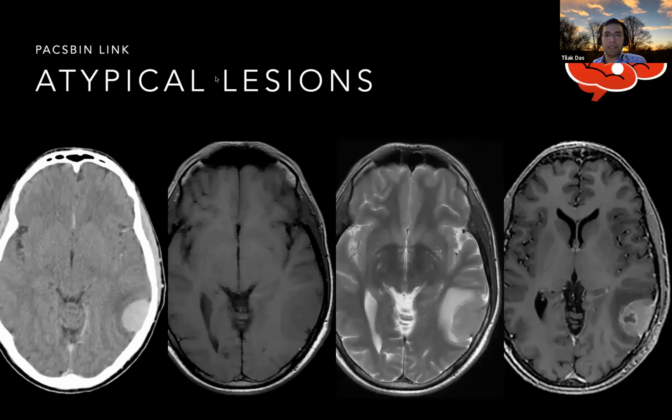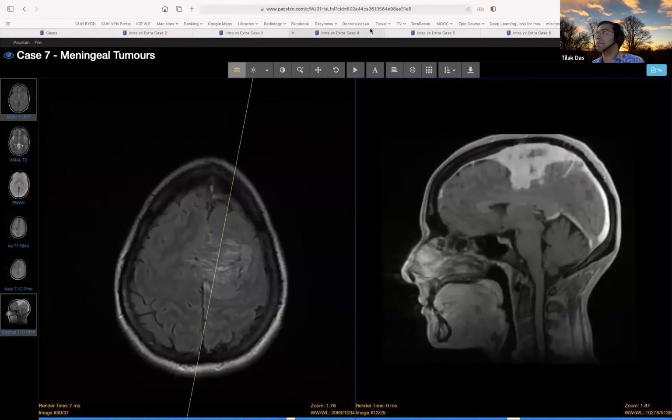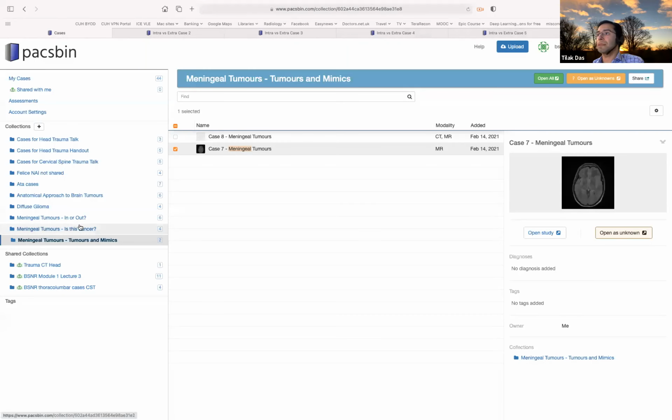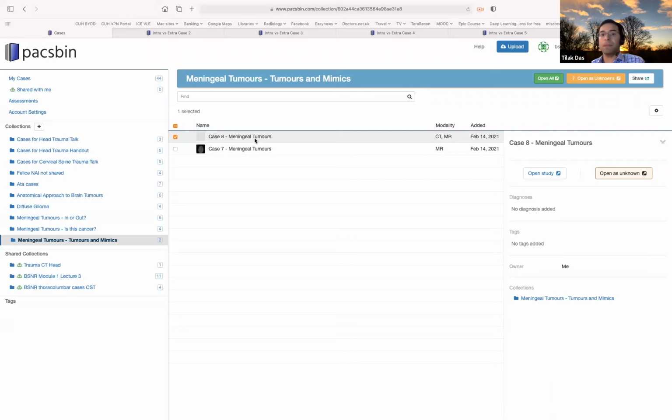Okay, if you have a look at the next case, which is case 8 on Paxman. And Tom, if you could open the poll for this one as well, please. We'll just give you a minute to have a quick look through this. Probably pay attention to the axial T2 and the post-contrast T1.